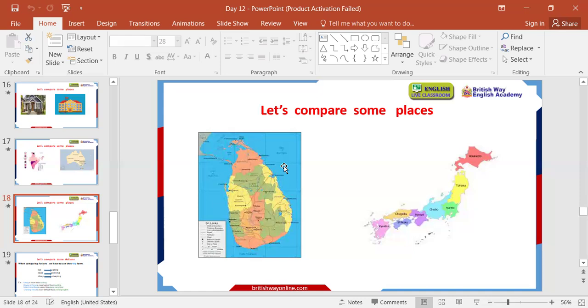Japan is more advanced than Sri Lanka. Sri Lanka's climate is better than Japan's climate. Sri Lanka is safer than Japan.